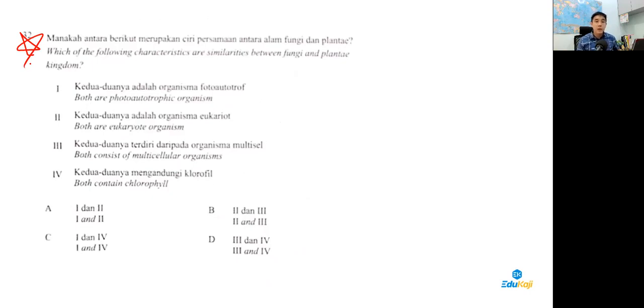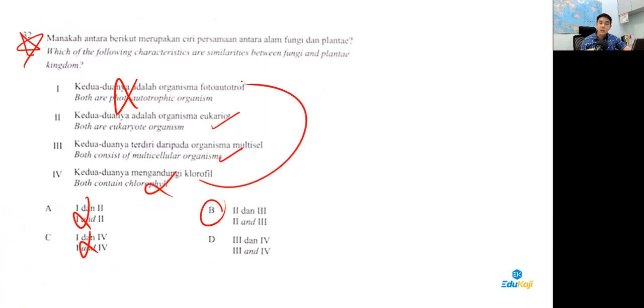So fungi, they are not green in color, so they are not photoautotrophic, which leaves A and C out of the question. Both eukaryote means got nucleus, yep. Both are multicellular, yes. No chlorophyll, because these 2 points are the same. So 32 answer is boy.